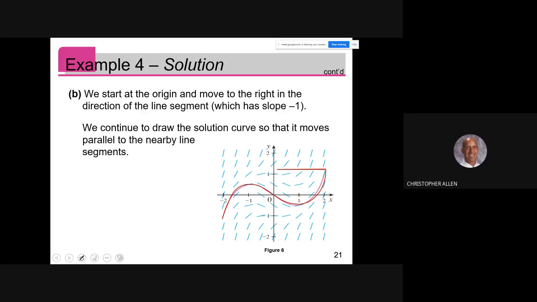The origin. Yeah, that's the origin. Let me erase this here. So the slope field allowed us to solve, if you will, approximately, dy/dx equals x squared plus y squared minus 1, going through the origin.